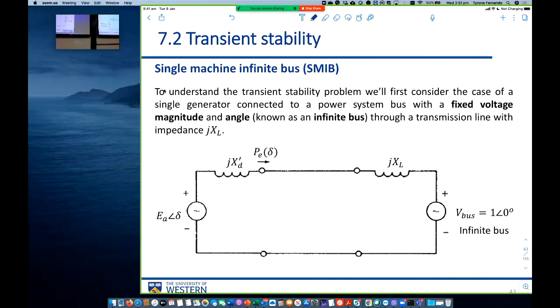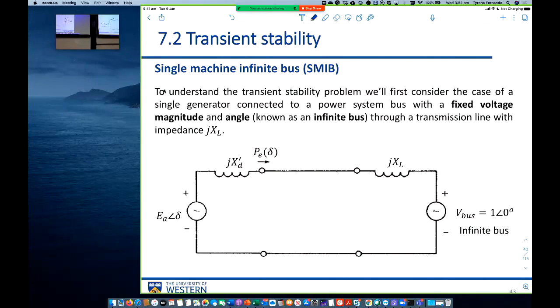To understand the transient stability problem, we'll first consider the case of a single generator connected to a power system bus with a fixed voltage, magnitude and angle. On the right-hand side, it's a node in a power network. An infinite bus has magnitude 1 and angle 0.